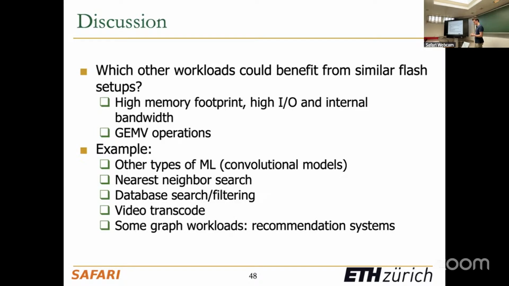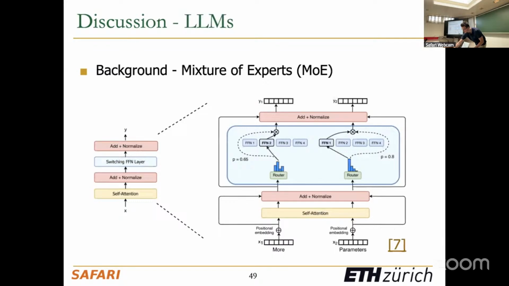Then maybe I just wanted to talk about a bit of background. This is a mixture of experts. The idea is to only activate part of the feed-forward networks for each token.